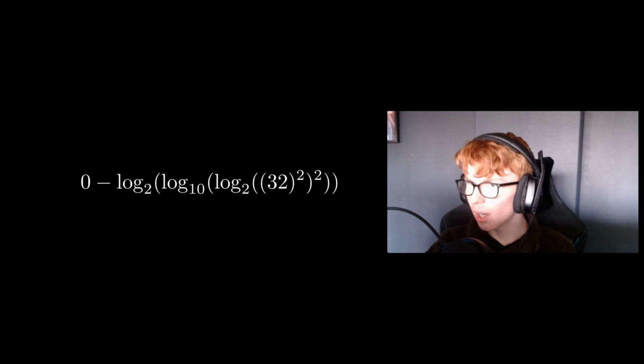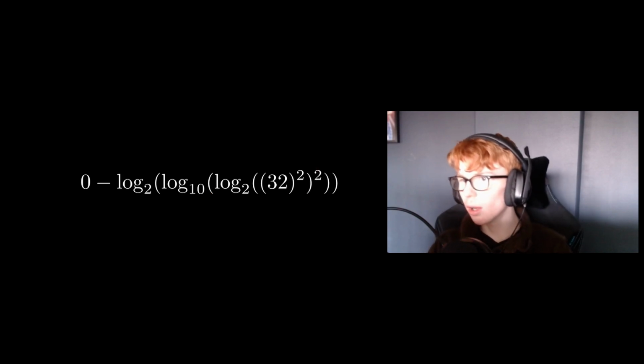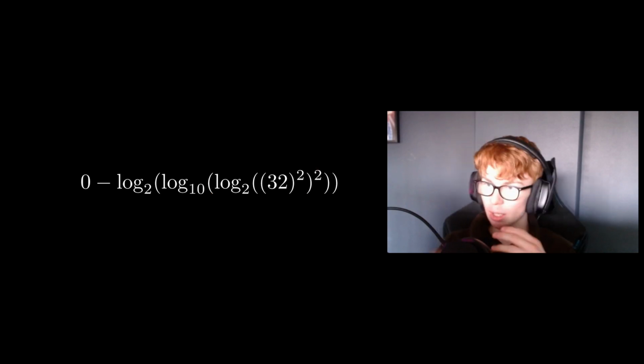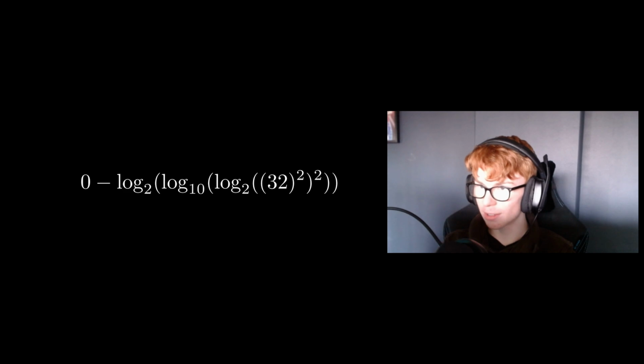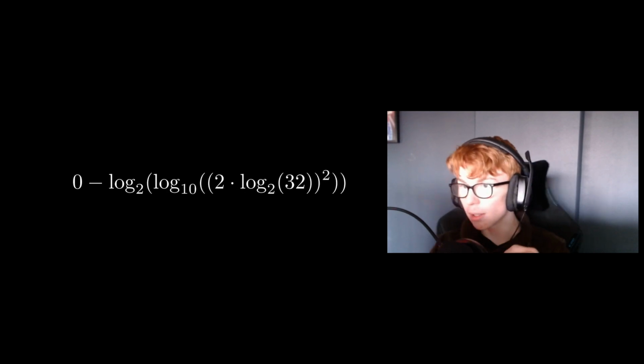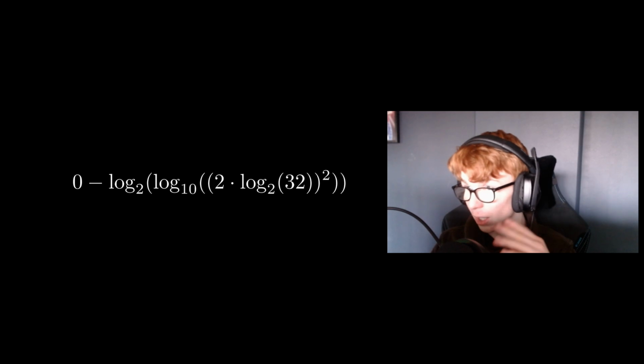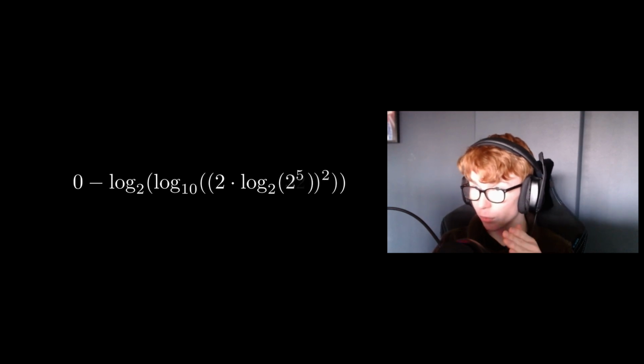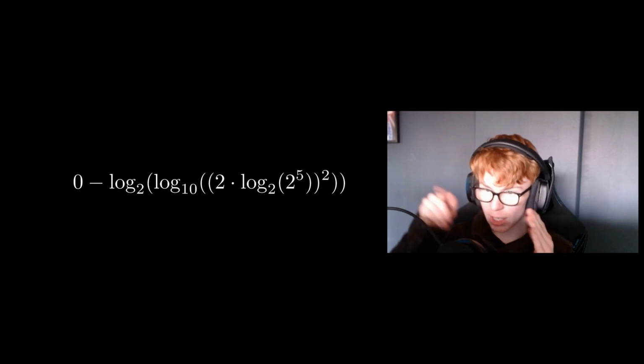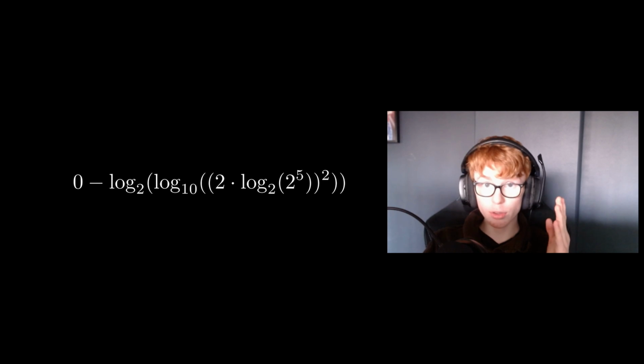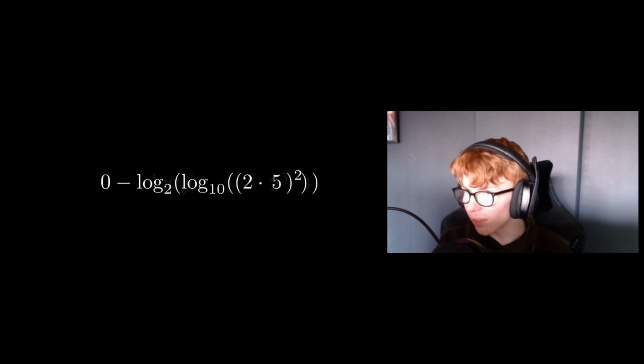Next step, log base 2 of 32 squared. Okay, so we can use one of the rules to just get down the 2. That's great. And 32, that's just 2 to the 5, I think. Yeah, so log base 2 of 2 to the 5, because there's the 5 in the exponent, that logarithm should be 5. Alright, let's see.